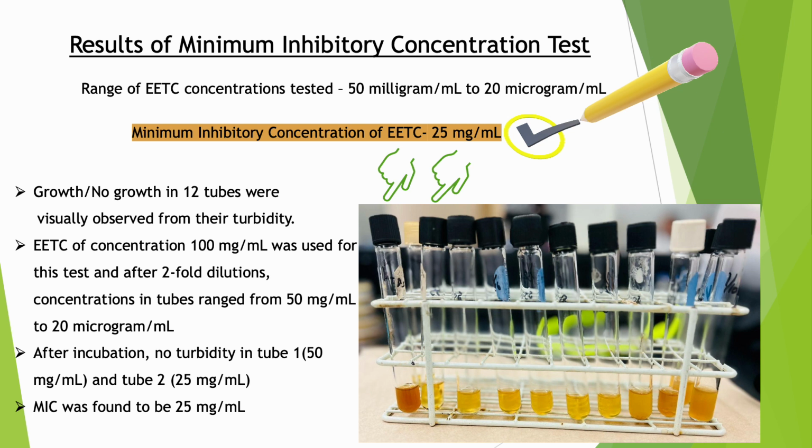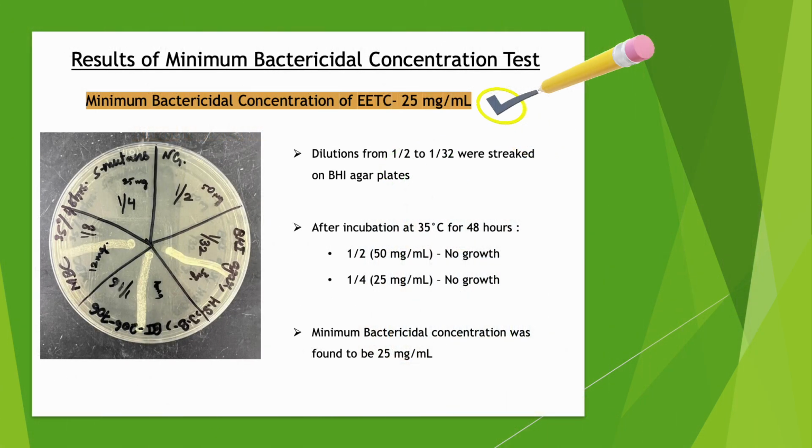After incubation, there was no growth in the first two test tubes, that is the test tubes containing 50 milligram per ml and 25 milligram per ml concentrations of ETC. Hence, the minimum concentration that was effective at inhibiting S. mutans was 25 milligram per ml. Also, in the MBC test results, we observed no growth on streaks from 1/4 and 1/2 dilutions. So the minimum bactericidal concentration was also found to be 25 milligram per ml. So both MIC and MBC were similar.